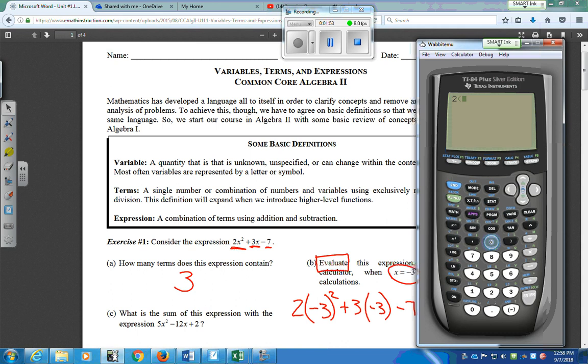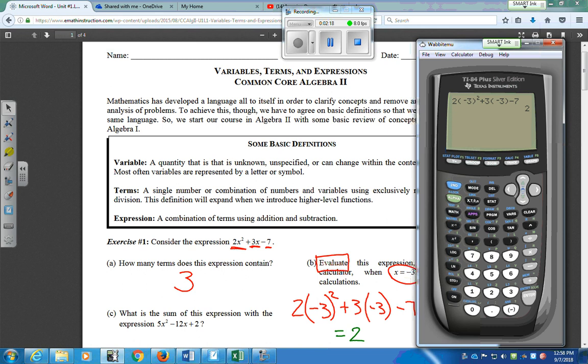So we got 2 parentheses, -3 squared plus 3 times -3 minus 7. It's important because when you are typing something like this, how you would say it is how you type it in the calculator. So for this one, we get +2. So when x is -3, the answer you get out in this case would be 2.